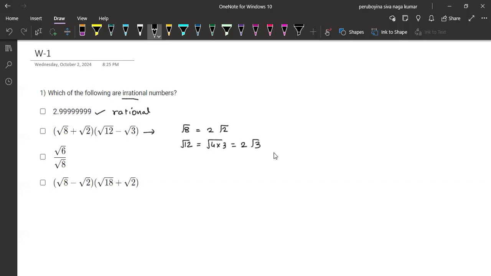So root 8 means 2 root 2 plus root 2, multiplied by 2 root 3 minus root 3. 2 root 2 plus root 2, how much is this? 3 root 2. 2 root 3 minus root 3 is root 3. So of course, if you do multiplication, then it will be 3 root 6.